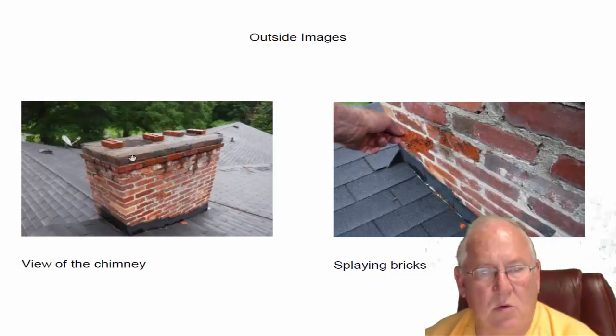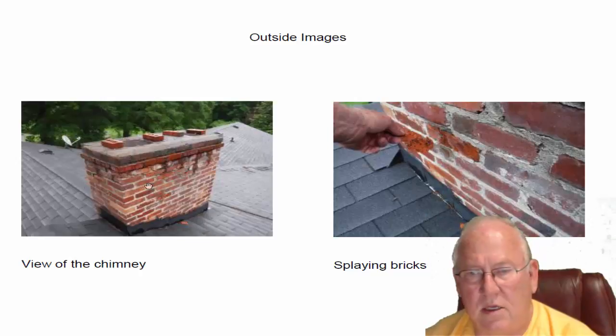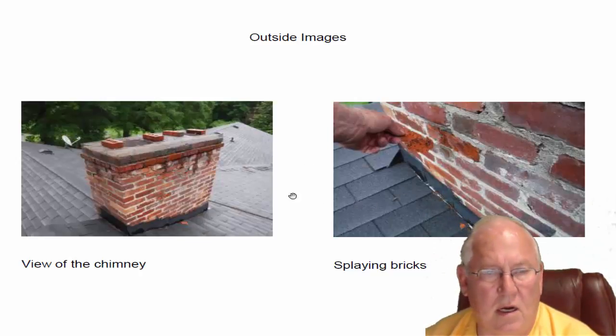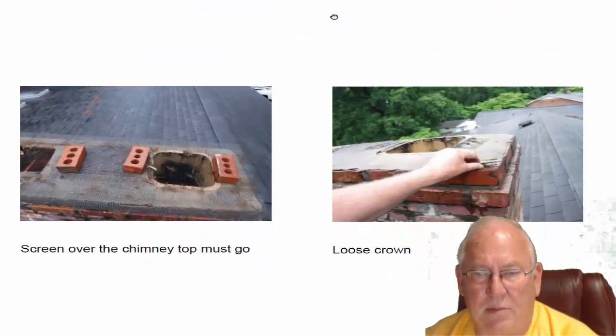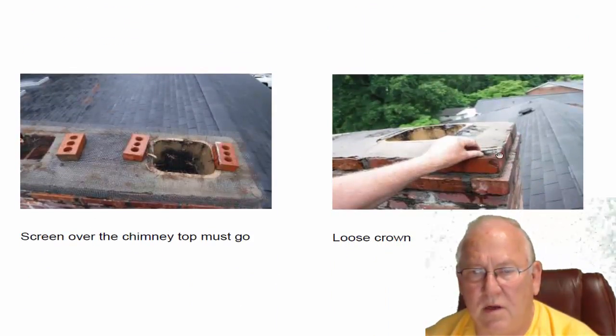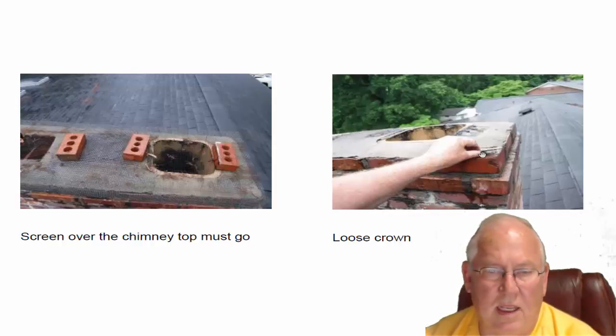Up on top then, so we looked at this. Also, this brick is very soft. It's soaking up the moisture. Any moisture in here, when it freezes, it splays or knocks the faces off the bricks. There's a few pieces laid on the roof on this side. There's a few pieces laid on the other side. Here's me just kind of illustrating that. Basically, the top of the chimney, you can peel off some of the cement crown up here, which is also causing it to leak.